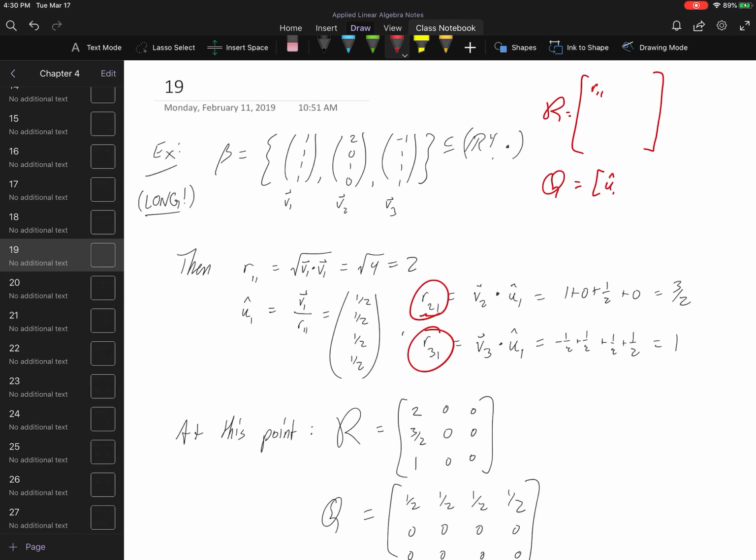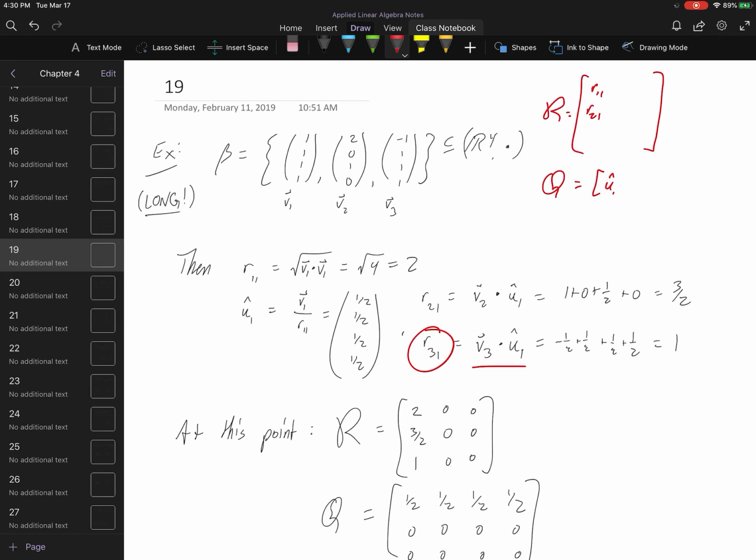That'll be these 2 components here. So I know U1 hat and I know V2, so I can compute the inner products between those pairs of vectors. So this would be V2 inner product U1, and that winds up giving me 3/2, which now goes here in the R matrix. So R21 has been filled in.